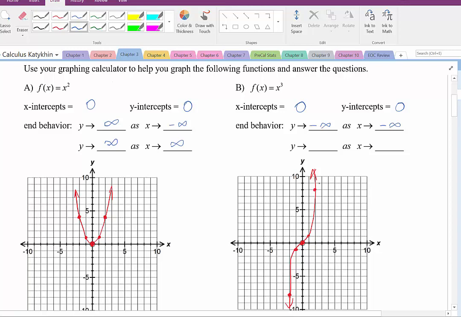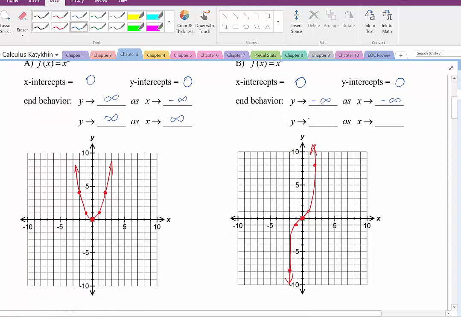Now on my right side, as y goes to positive infinity, my x is also going to positive infinity. So we can clearly see the right side is going up to the right and up. That's positive to the y and positive to the x. On the left side, both x and y are going to negative infinity.